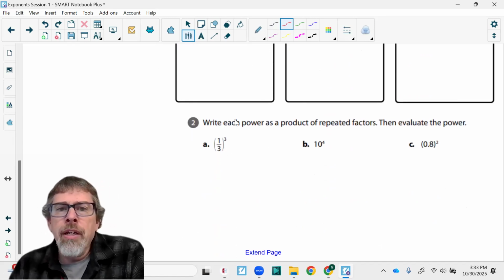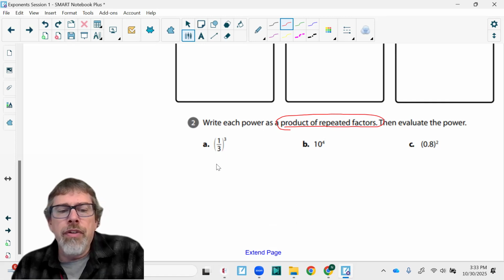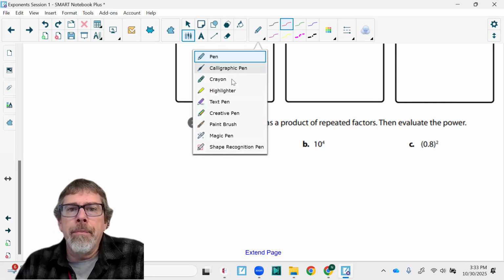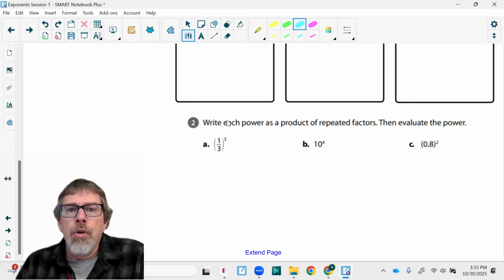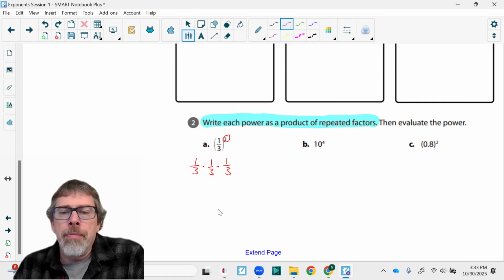Number 2 says, write each power as a product of repeated factors. Okay, that's the first thing we're going to do. Let me highlight that. Write each power as a product of repeated factors. So this would be the base multiplied 3 times because my exponent is 3.